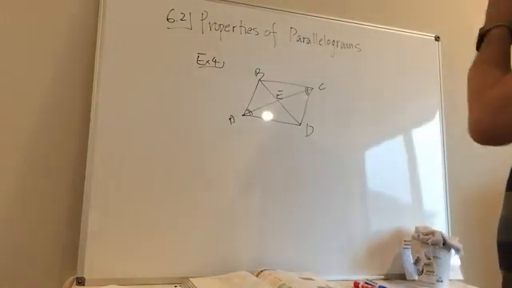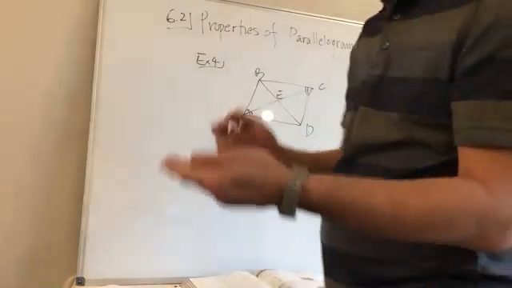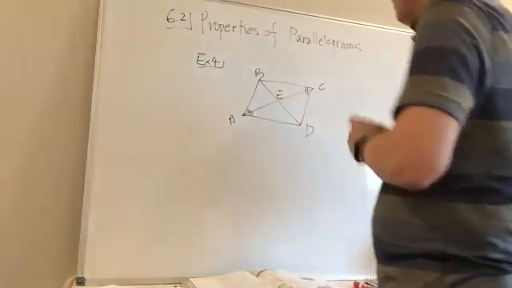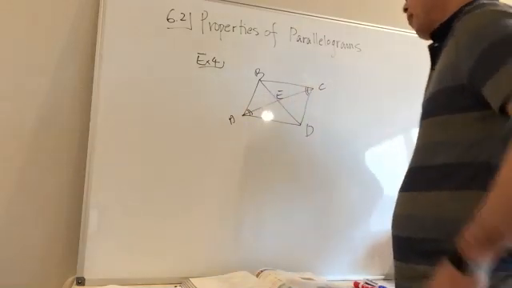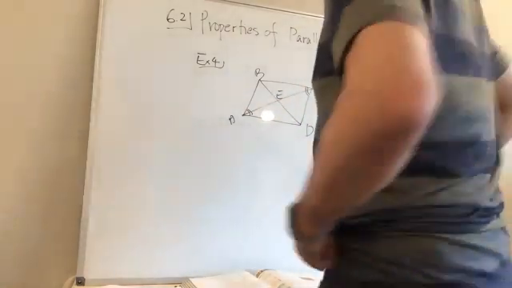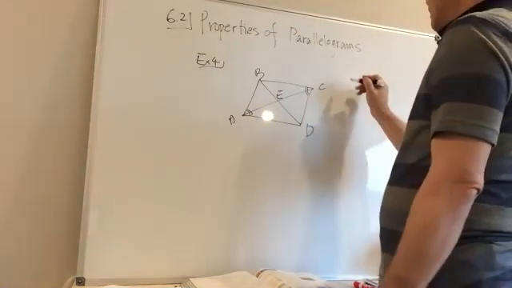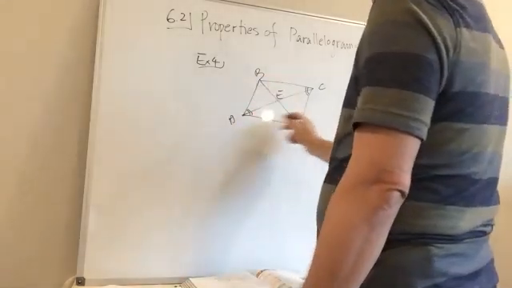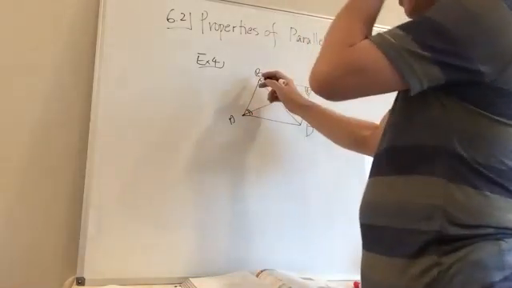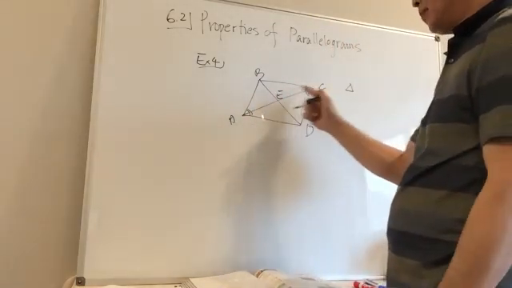I'm not going to go through the 2-column proof, but let's just think it through. How would we prove that these angles are the same? If I can somehow prove that this triangle and this triangle are congruent, then I can say that these 2 angles are the same.